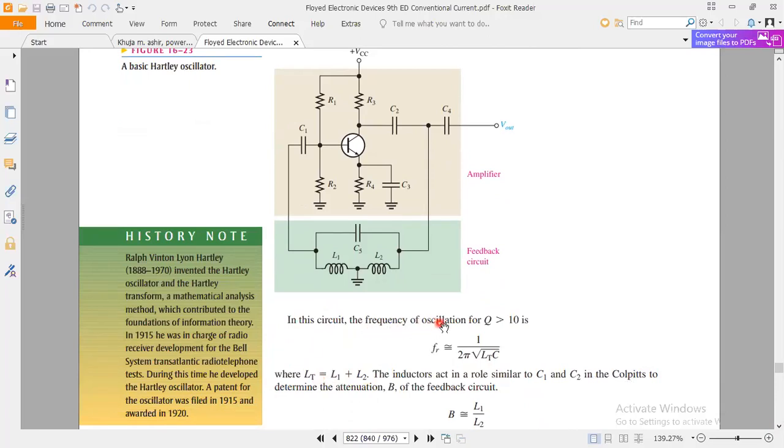In this circuit, the frequency of oscillation is determined by the total inductance connected in this configuration. The inductors act in a role similar to C1 and C2, which they performed in the previous two oscillator circuits.